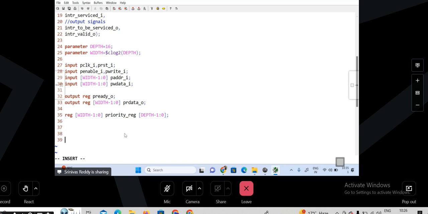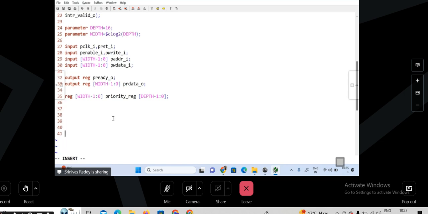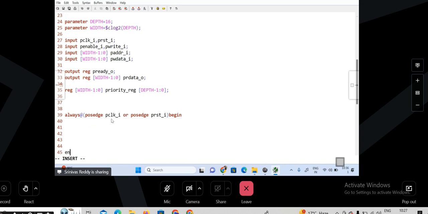P ready is equal to 1. Then again I need to write an if condition. If P write is equal to 1, or I can write like this also, P write, begin, and then let me write the end.